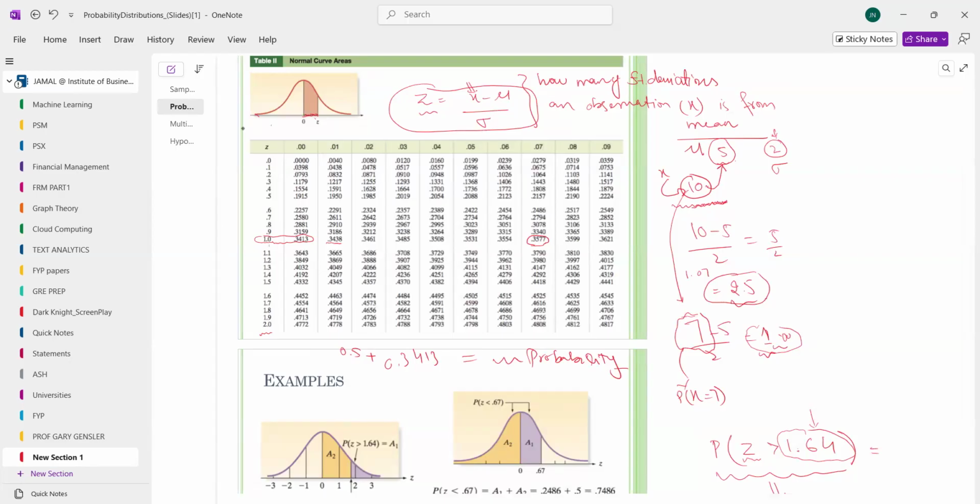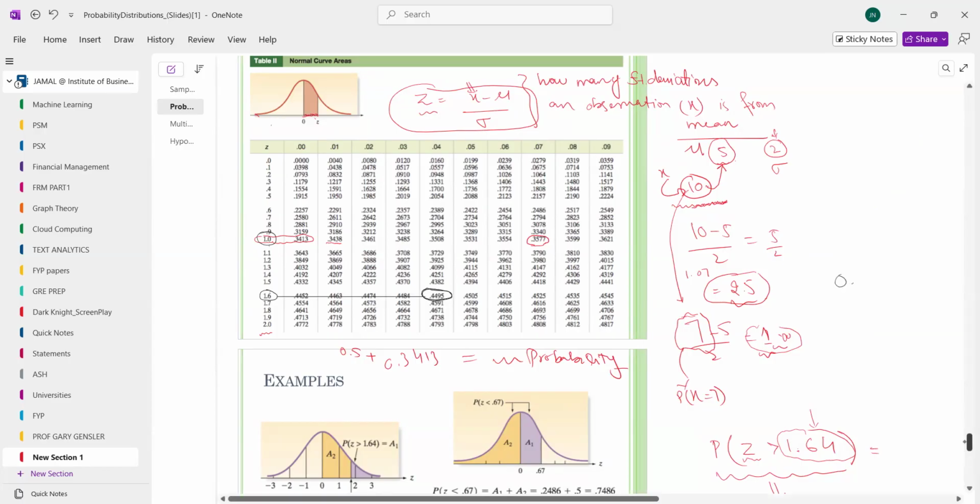This is my 1.6, and then 0.04. So yeah, this is the value, this is the probability from the mean.